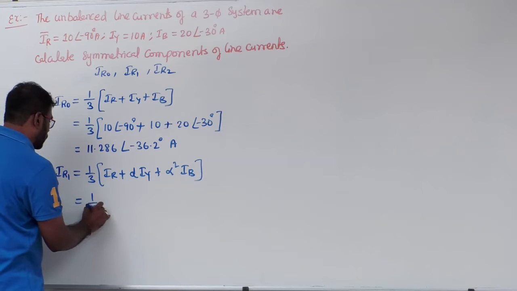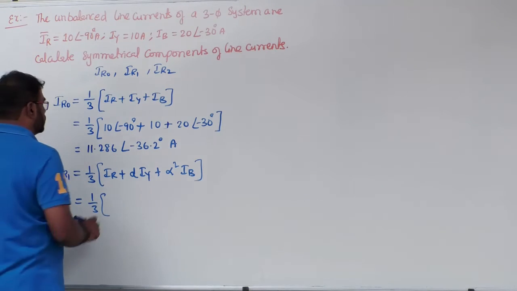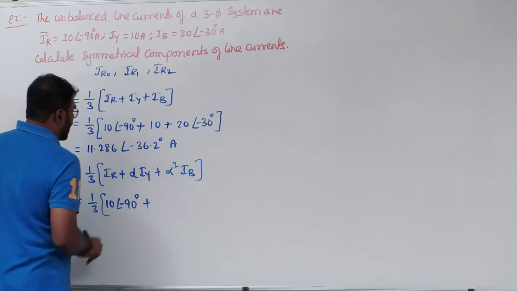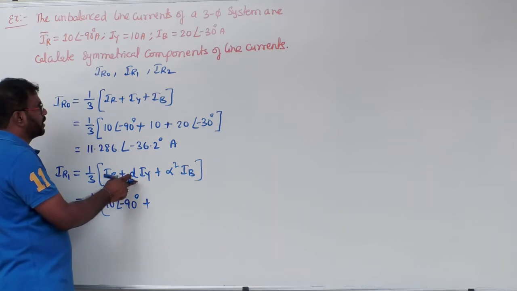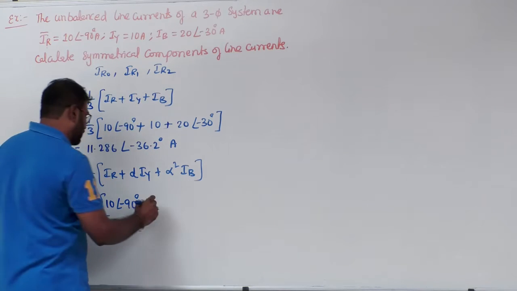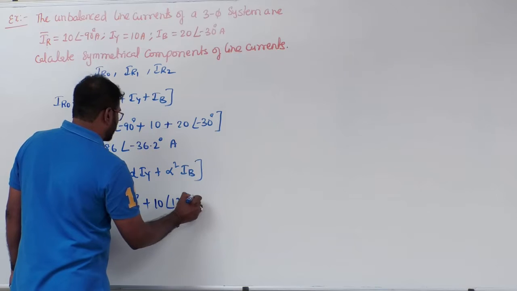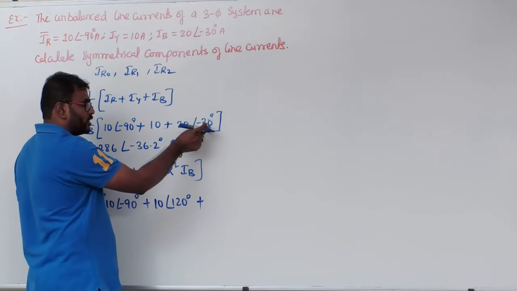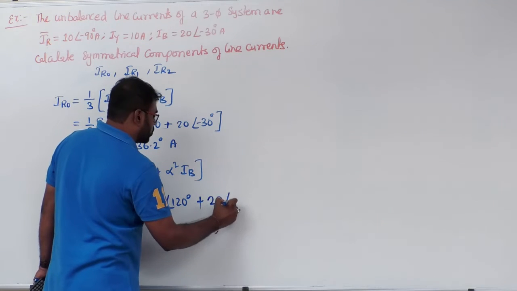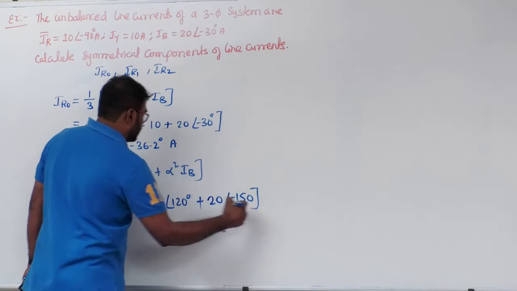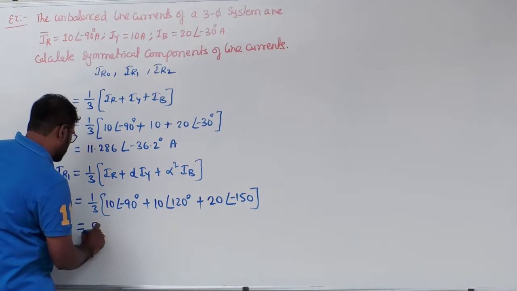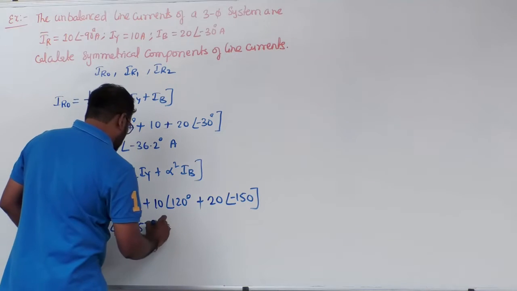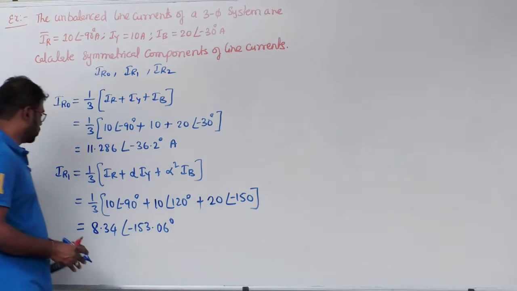Substituting: IR is 10 at an angle minus 90, plus alpha, which is 1 at an angle plus 120, times IY, which is 10 ampere, so 10 at an angle 120 degrees, plus 1 at an angle minus 120, minus 120 minus 30 is minus 150, magnitude as it is, 20 at an angle minus 150. Solving this, we get 8.34 at an angle minus 153.06 degrees. That's IR1.